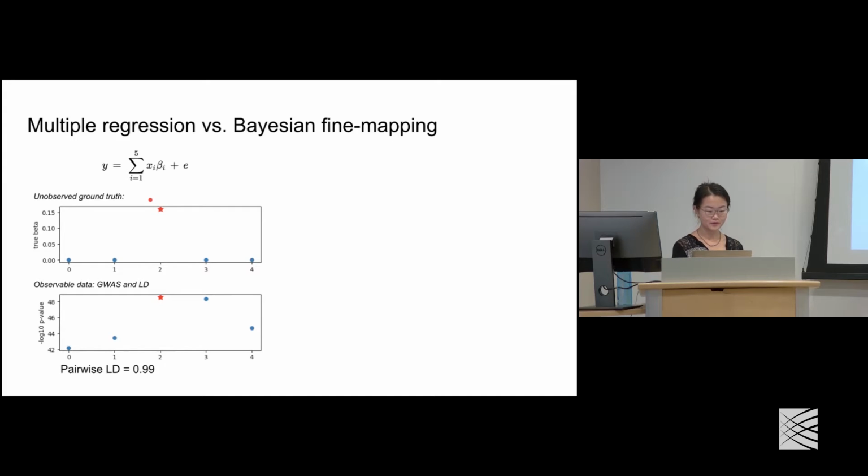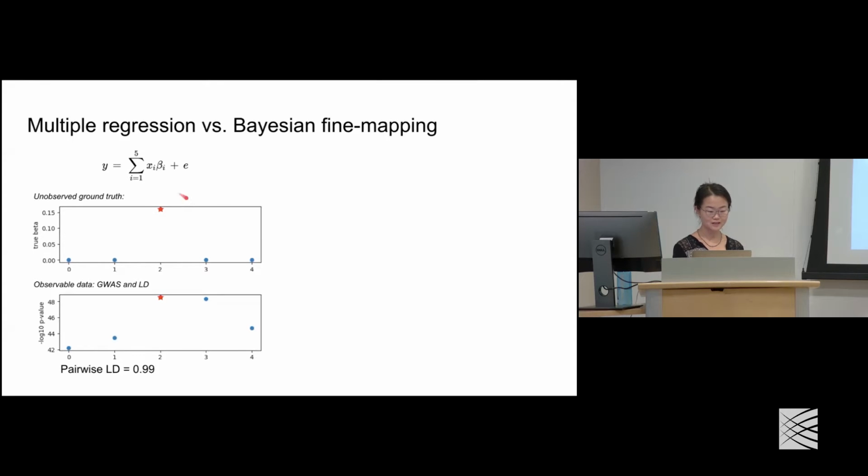So I use these true effect sizes and the genotype that I generated and this equation to simulate the phenotype. And one interesting fact about this region is that I set it up so that all the variants are very correlated. In fact, the pairwise LD is 0.99. That is a pretty tricky situation.